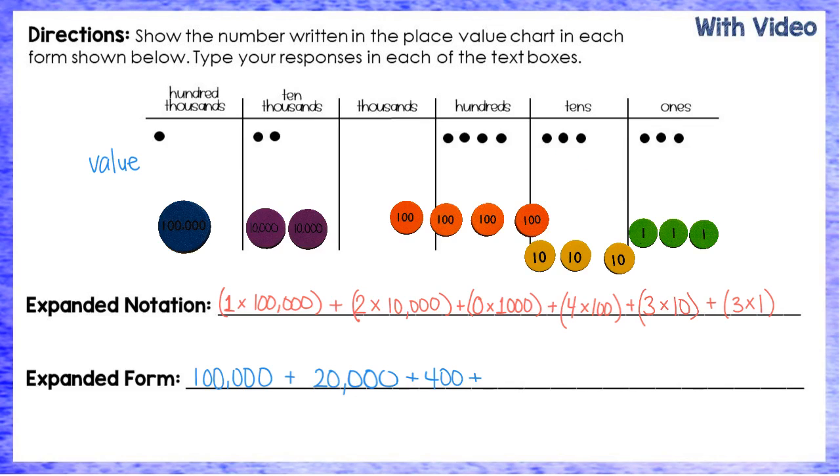In the tens place, we have 3 tens, so that would be 10, 20, 30. And in the ones place, we're counting by ones, so we have 1, 2, 3, which we can see here.